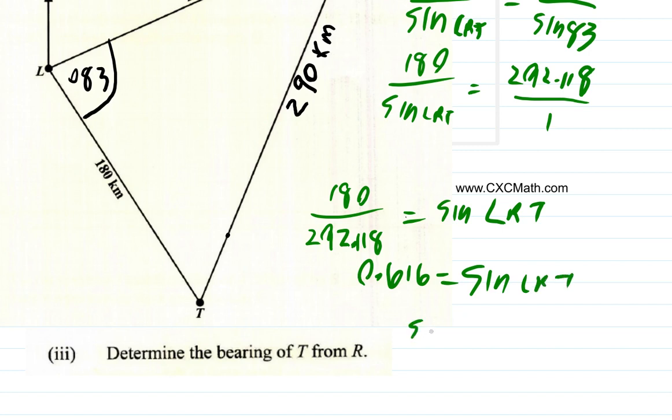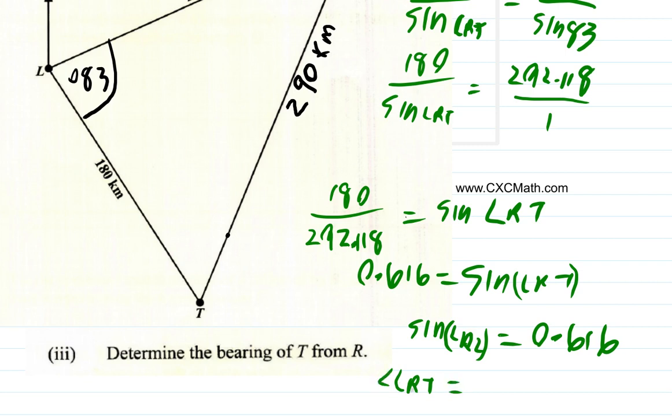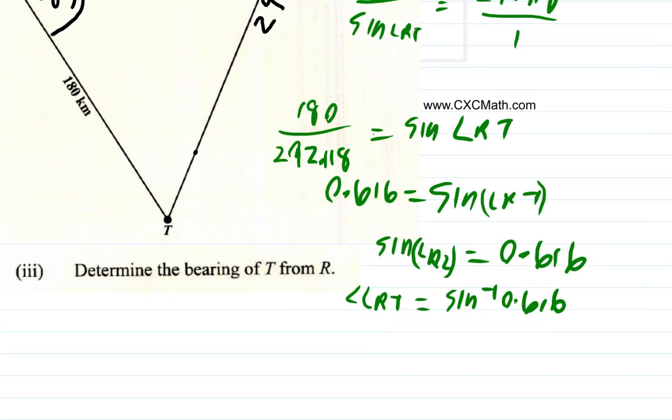So let's rewrite it, put the sine of LRT over here. Let's put it in brackets. Equals 0.616. Now, you know what to do to get the angle LRT. Angle LRT equals sine inverse of 0.616. And what does that give you?